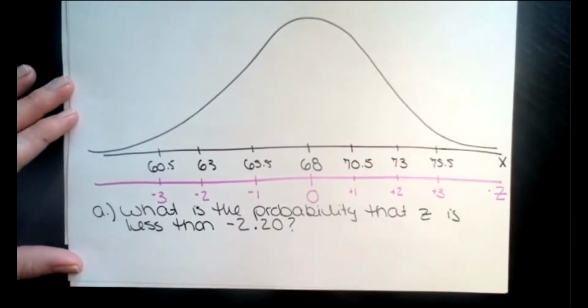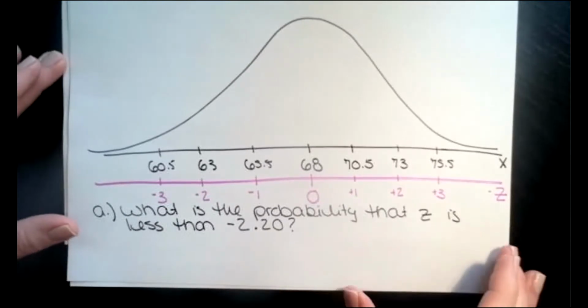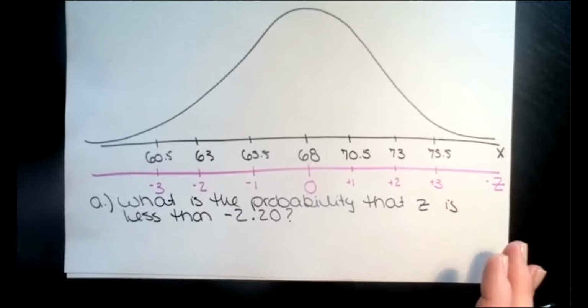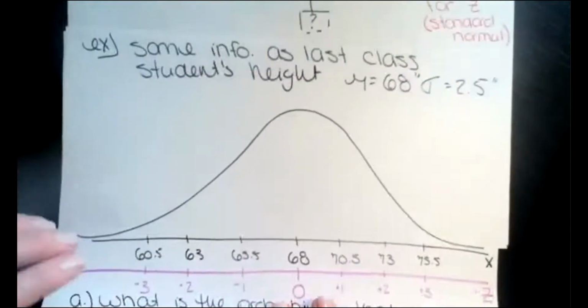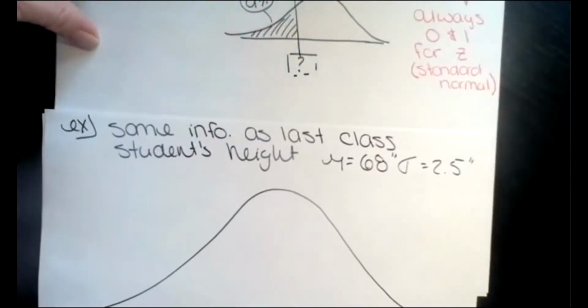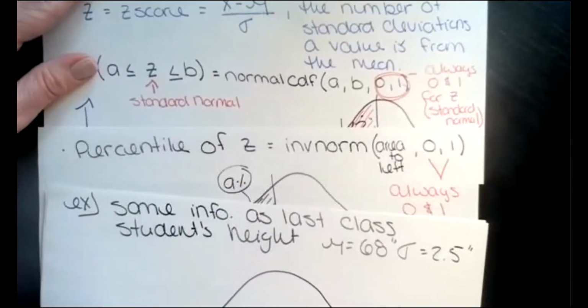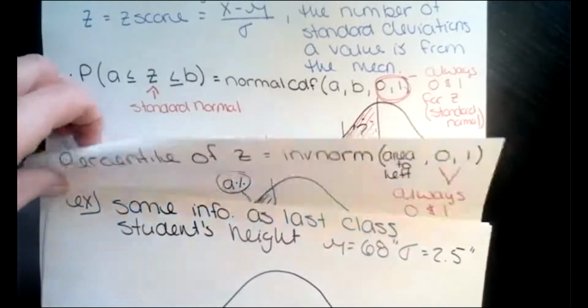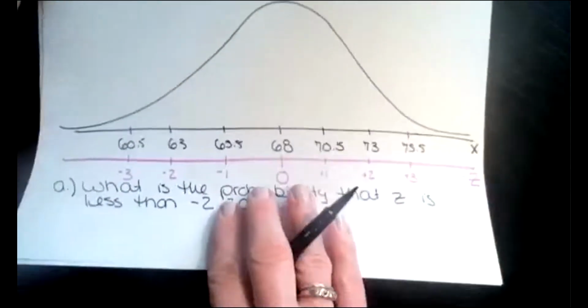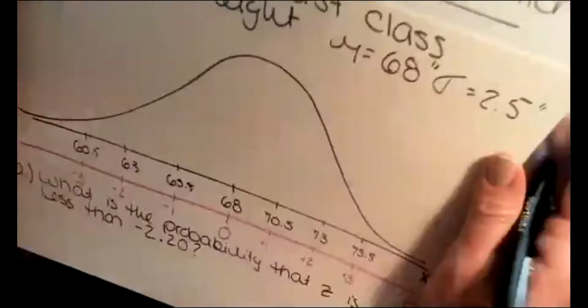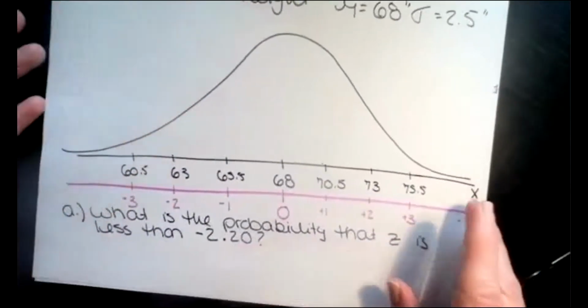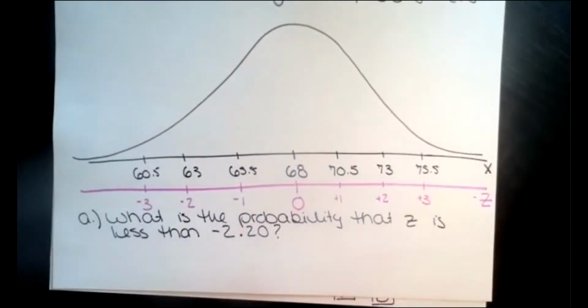So when I do something like this, I'm going to use my technology. Last class, I showed you on your calculator, and that's kind of what I wrote out over here when I said the normal CDF or the inverse norm, okay? So if you have a calculator, you can follow along. If you do it on your own, if you use Minitab, I'm going to show you guys Minitab right now.